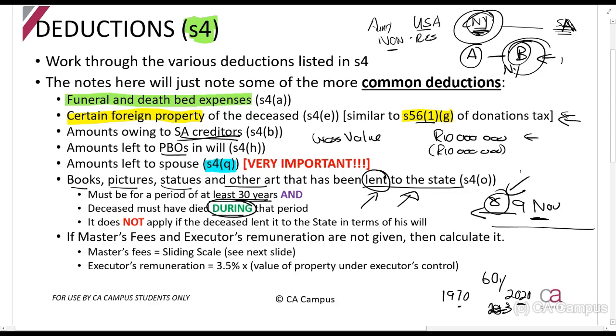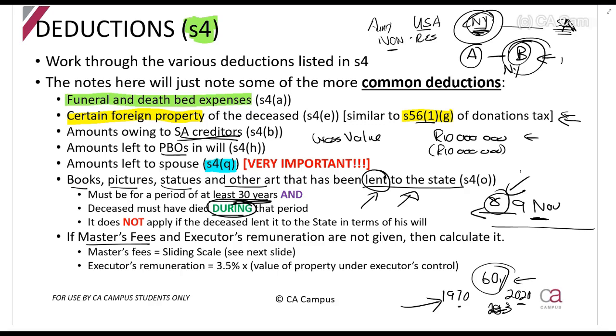If I die now, it will still be allowed. There's only 10 years of the 60 years left, but at the time when I gave it, 1970, there was 30 years.